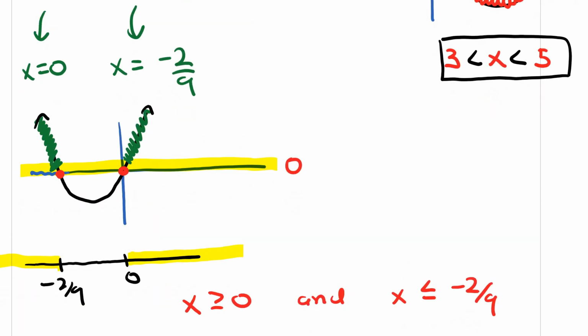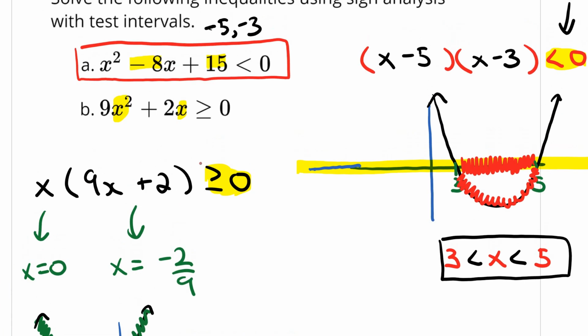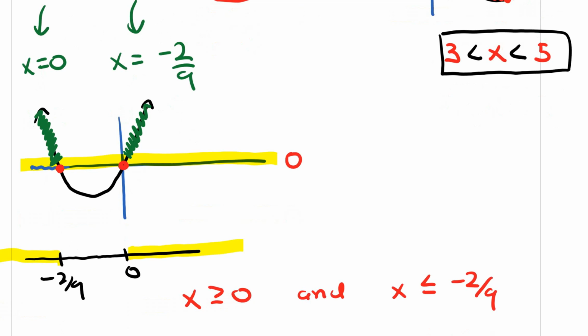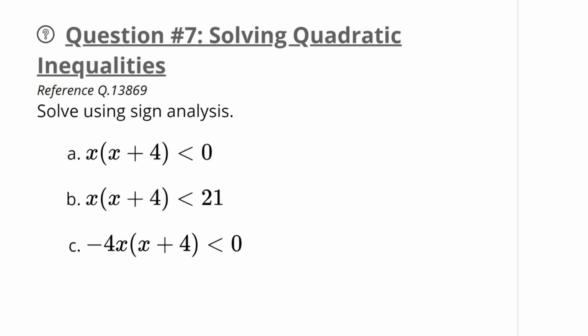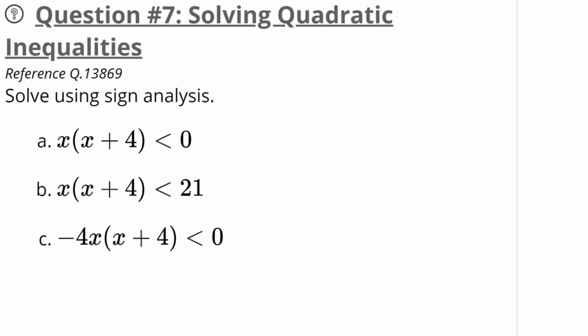You definitely need to adjust your thinking here, because when you see greater or equal to 0, that means when is the graph above the x-axis, and when you see less than 0, it generally means when is the graph below the x-axis. So you do need to change your thinking when you're doing these kinds of problems.